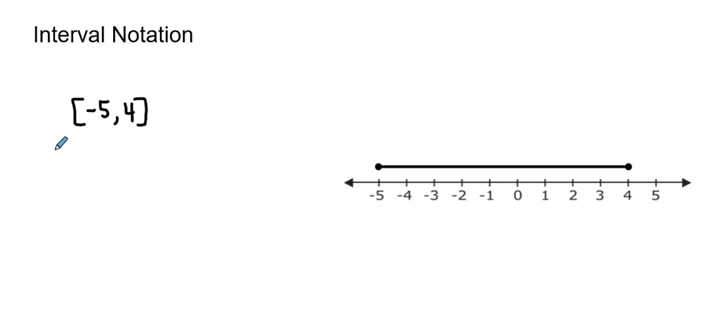If we were going back to set builder as a review piece, we'd have to say the set of x such that x is an element of the real numbers, and then we'd have to state our restrictions here. So we know that the lower bound is -5, the upper bound is 4. We're going to close the set bracket.